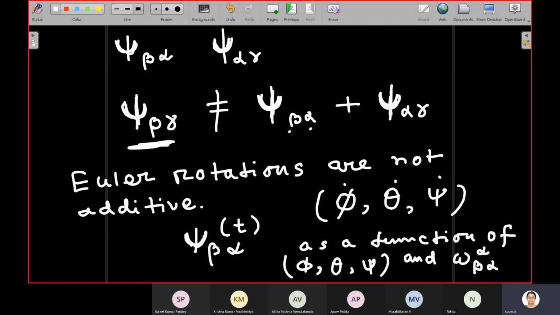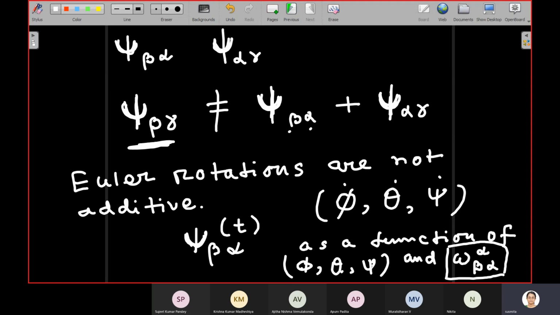And we can also resolve the components of the angular velocity along the axis of any third frame. In this case, we have picked the alpha frame. So we can find this omega vector from navigation sensors. And we know phi, theta, and psi from the previous computation.